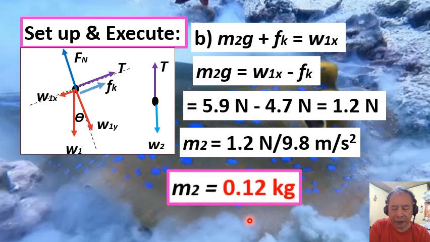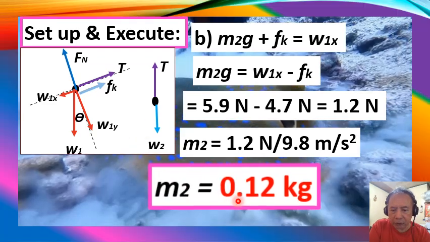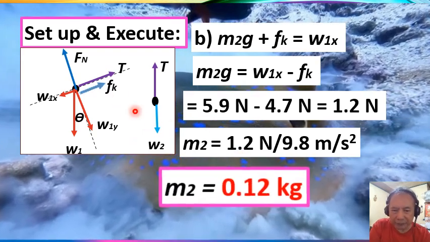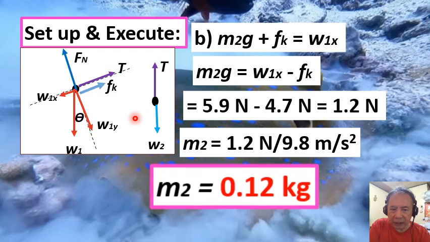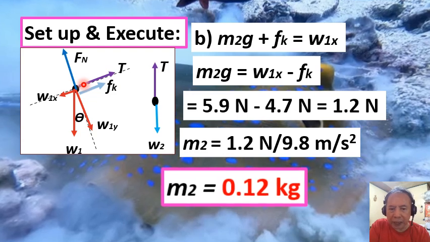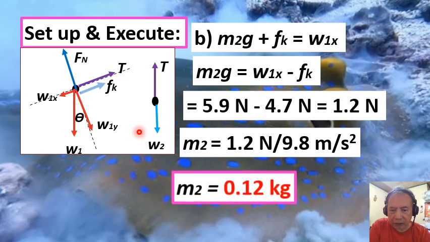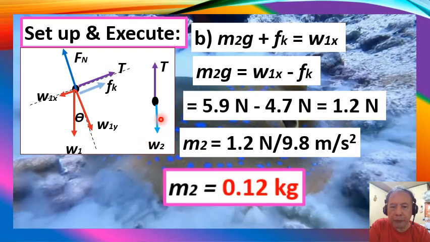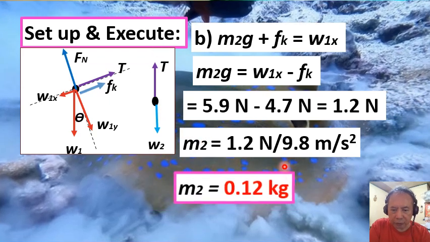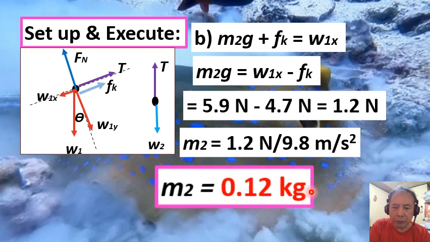So in other words, when the mass of the hanging block is equal to 0.12 kilograms, then we can imagine that the system, or specifically block number 1, or M1, will be moving down the incline at constant speed, while at the same time, the hanging block, or M2, will be moving vertically upward with the same constant speed. That's why we say that they are in dynamic equilibrium as well.